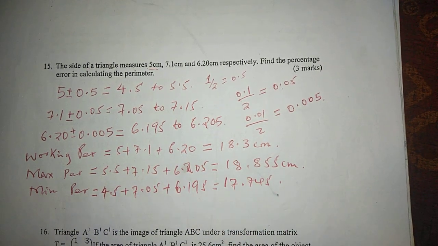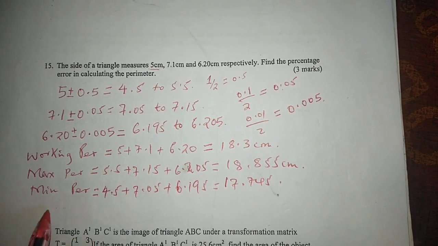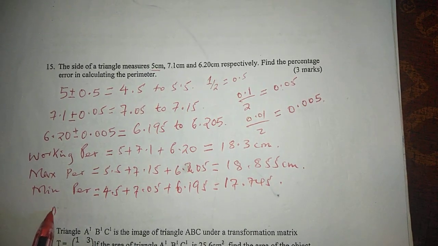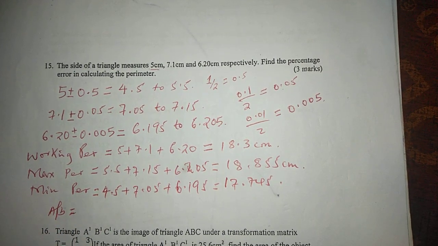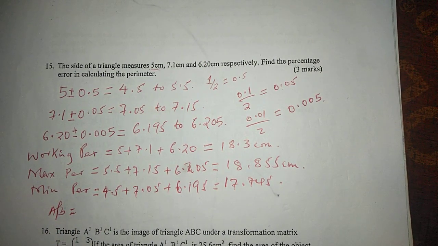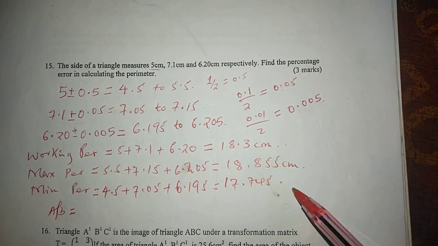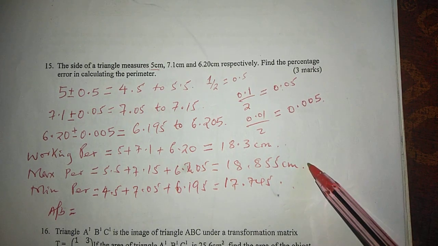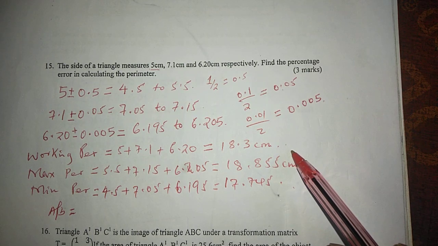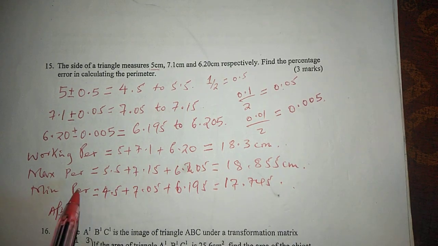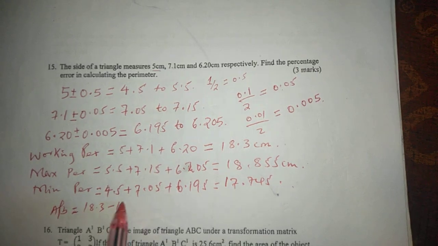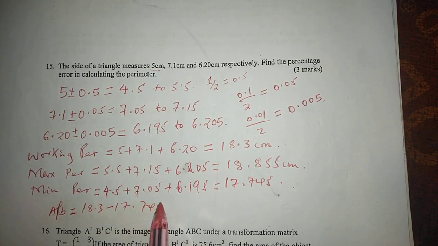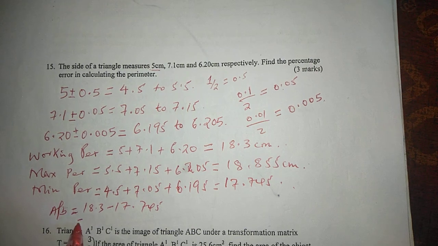17.745. So after that, we calculate the absolute error, which is calculated by the difference between either the working and the minimum or the maximum and the working. So when we subtract 18.3 minus 17.745, we get what we are calling absolute error.